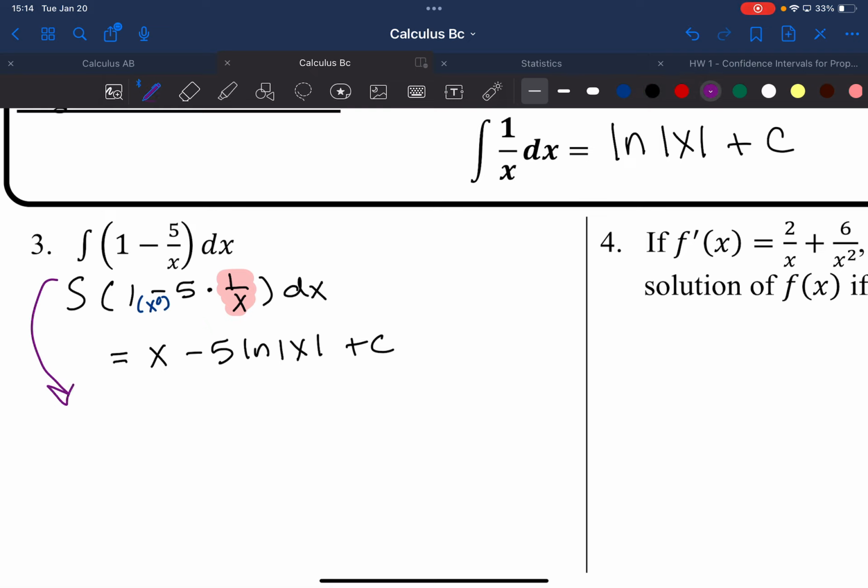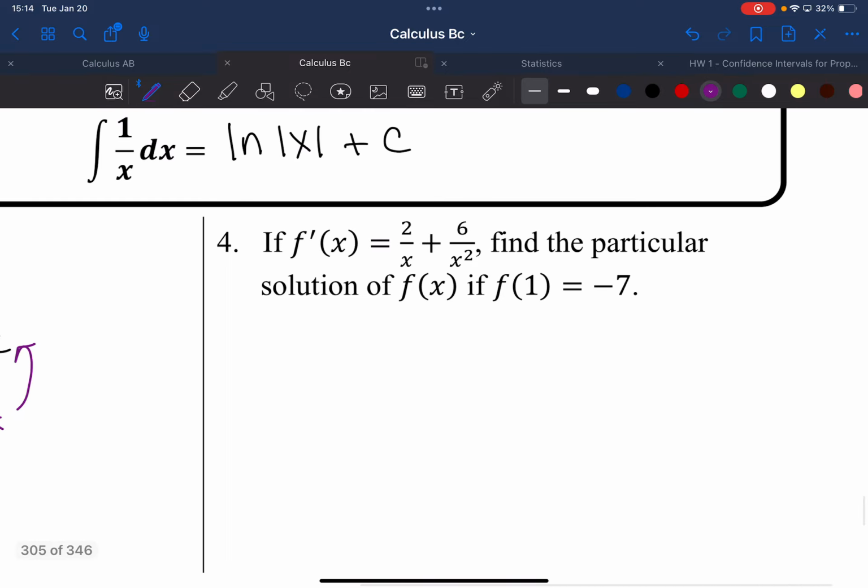You could say that this is the same as the integral of 1 dx minus 5 integral of 1 over x dx. Going back to the properties of the integrals that we did a couple notes ago, that would be another way to get the same answer. Divide that up if it's easier.